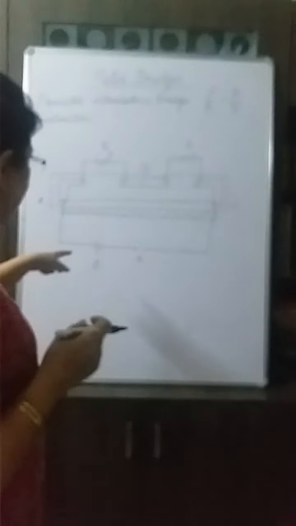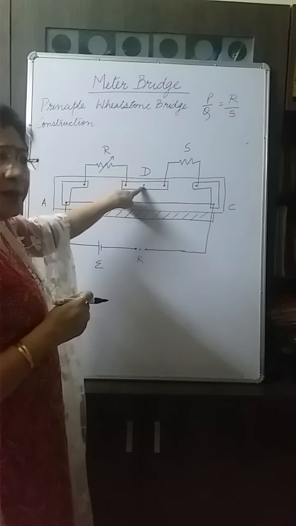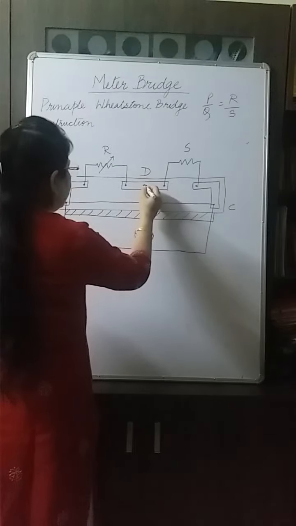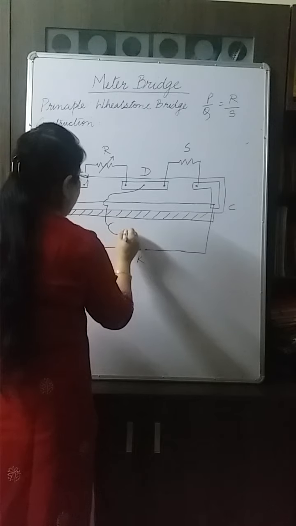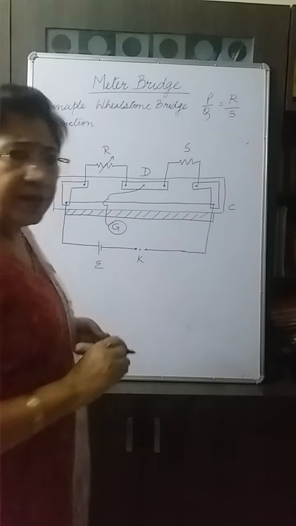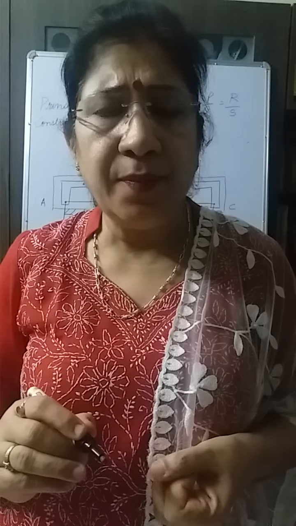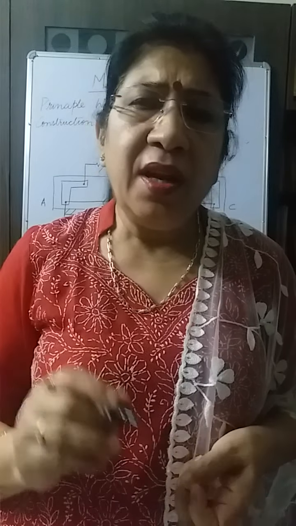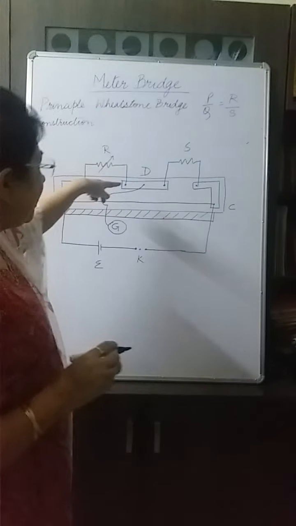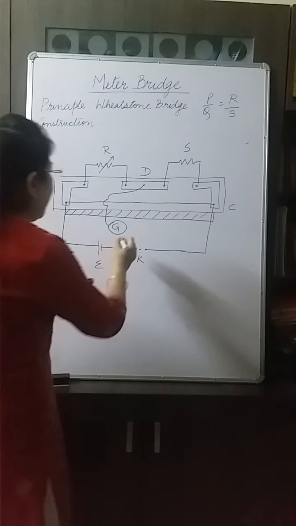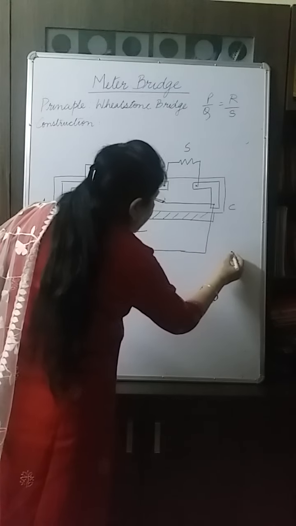The positive terminal of the battery is connected to A. From this point B, a galvanometer is connected. We talked about the galvanometer. It is a device used to detect current. It gives deflection whenever a small current flows through it. So a galvanometer is connected through D, and the other end of the galvanometer is connected to a jockey.